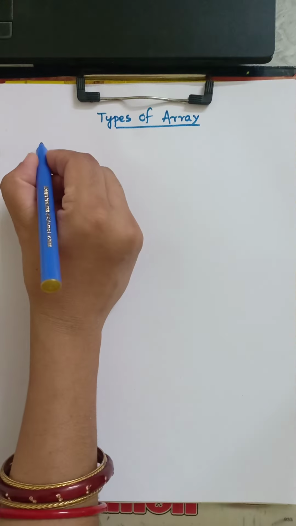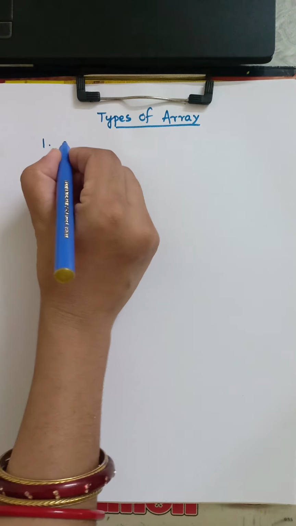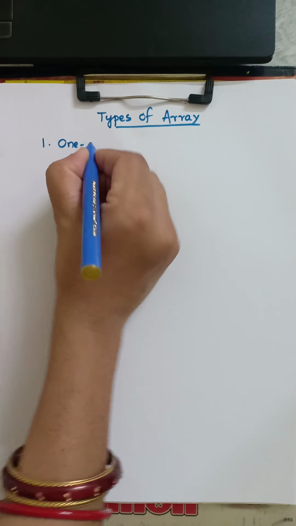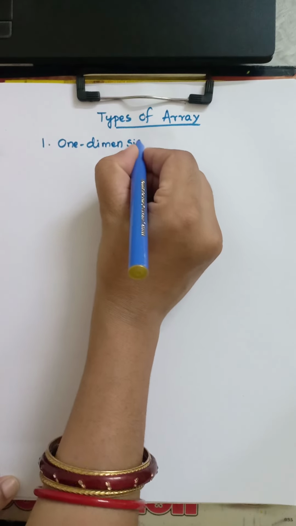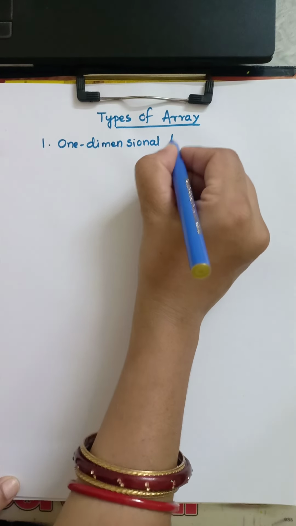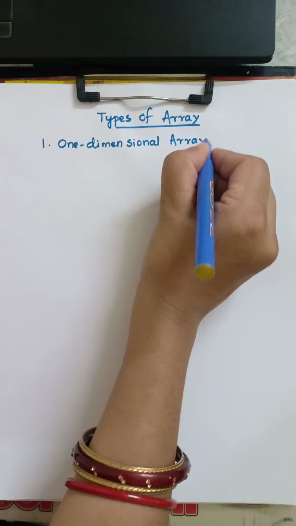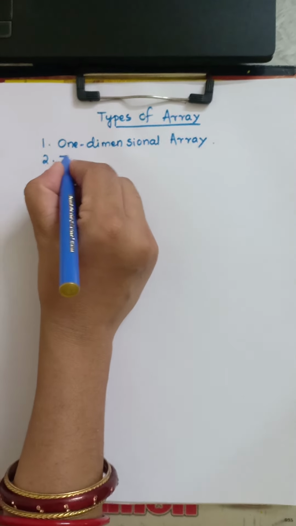Okay, so what are the types of array? First we are going to discuss. The first one is one dimensional array. Second one is two dimensional array.